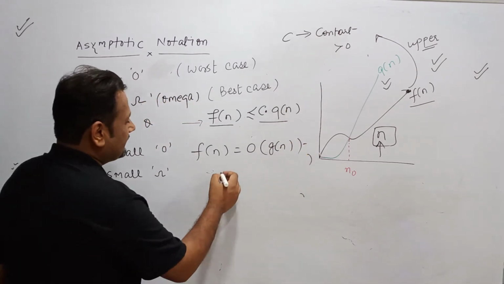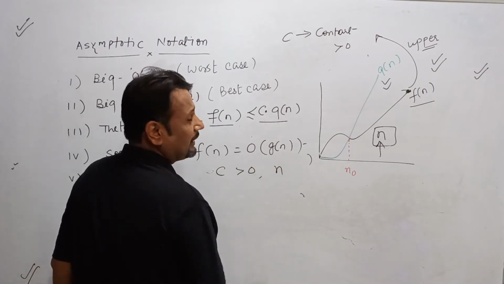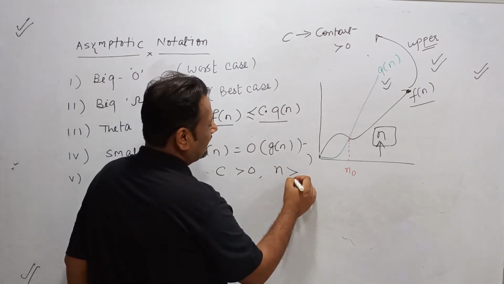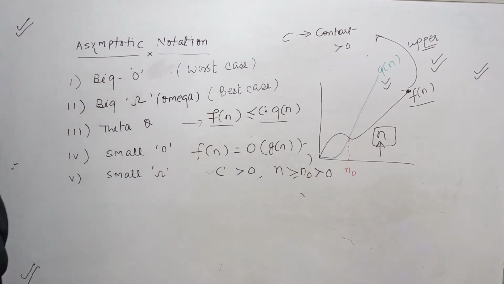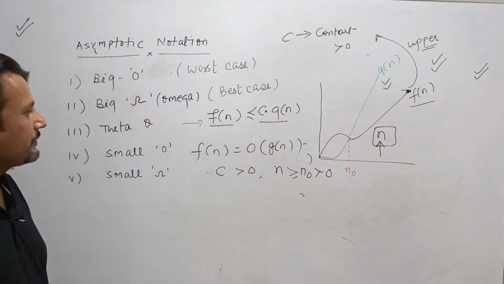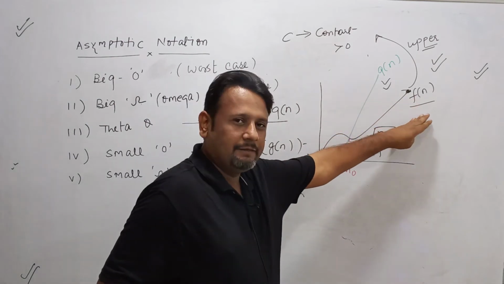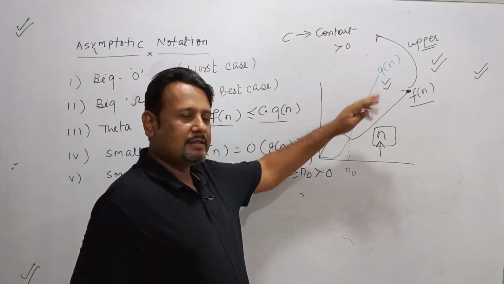Now what is C? C is any constant value greater than 0, and n is any value greater than n naught, which is greater than 0. What is the meaning of that? I will explain with an example. This point is clear enough. What is big O? Big O means if the ideal complexity is Fn, after implementation we are getting some other complexity.